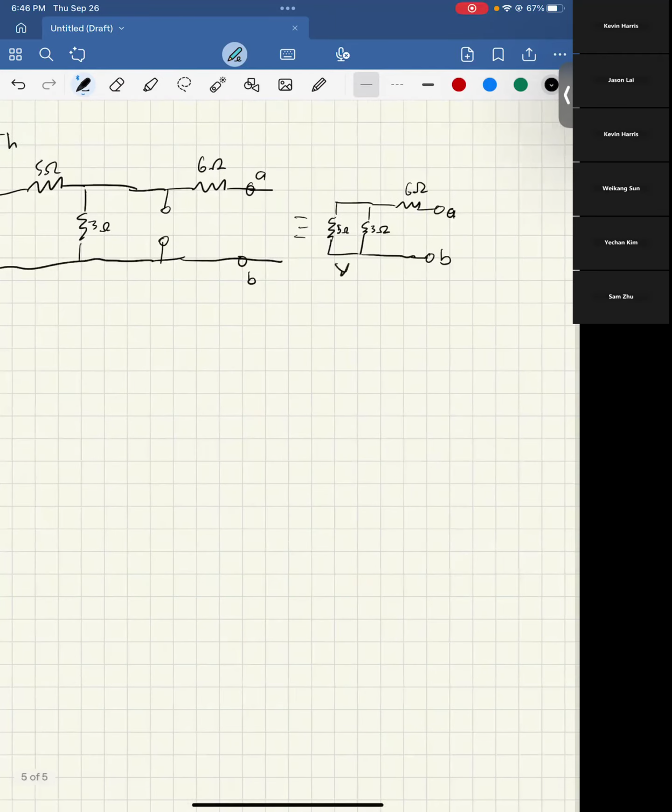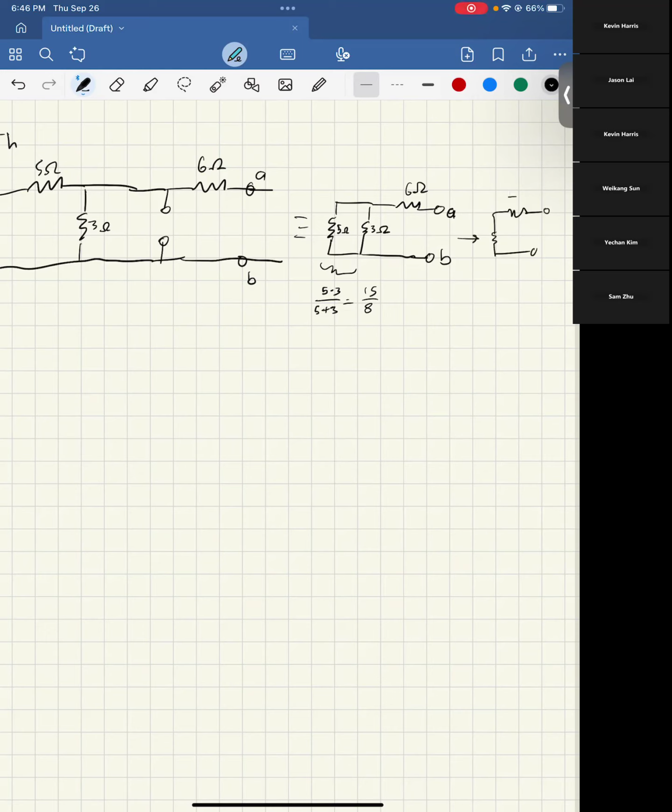You're going to take these two in parallel and then add them to this 6 ohm. So these two in parallel is going to be 5 times 3 over 5 plus 3, which gets us 15 over 8. And then you can imagine that that'll turn into something like this.